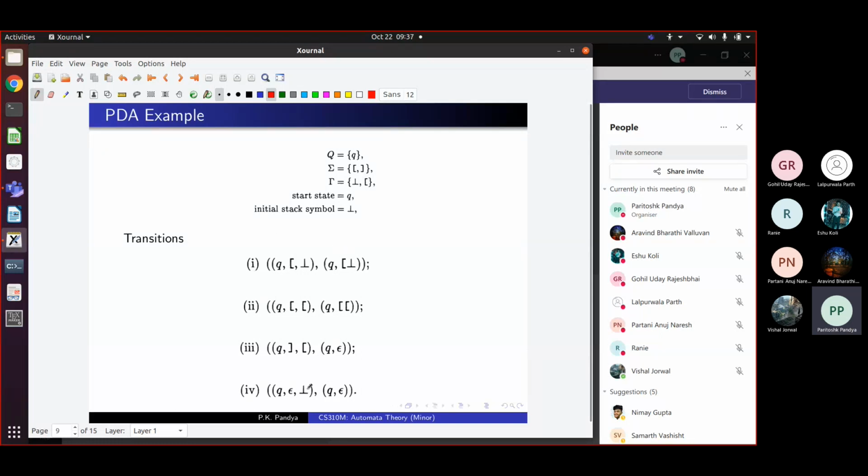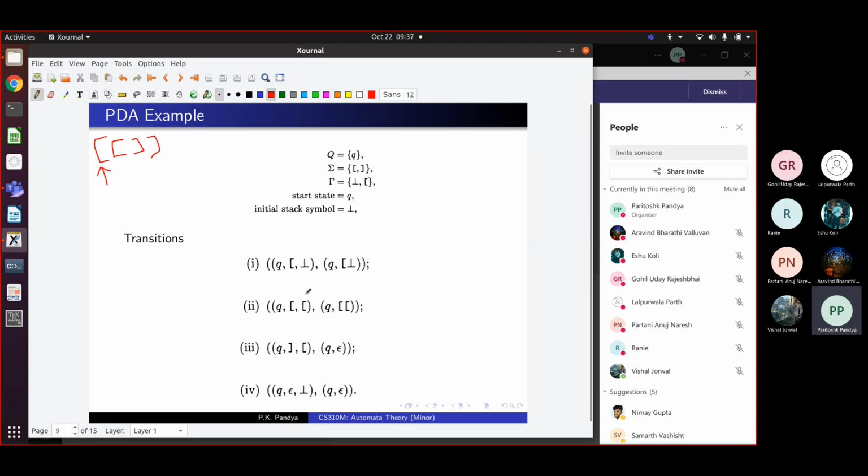And this actually is an automaton which will recognize some sort of balanced parenthesis language. What this rule is saying is, when you are reading a left bracket and my stack contains the bottom at the top, then I consume this left bracket from the input word and push it onto the stack.